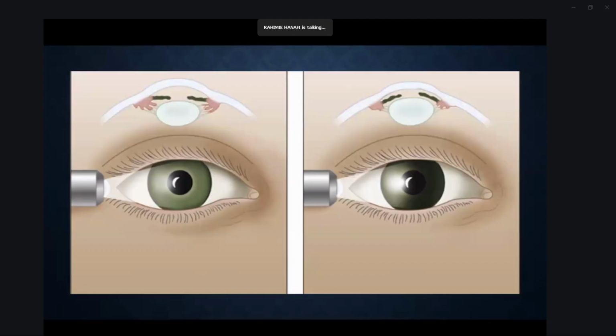If you have a normal angle, which is deep, by right, if you shine the light from the temporal side, you are able to illuminate the whole iris, because there's no blockage. Compared to if the anterior chamber becomes narrow or shallow, when you shine the light from the temporal side, the light cannot illuminate the opposite side, which is the nasal part, because the light has been blocked by the iris that moves forward due to the shallow anterior chamber.